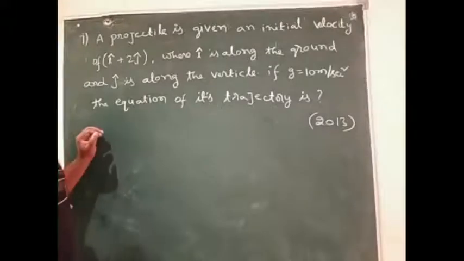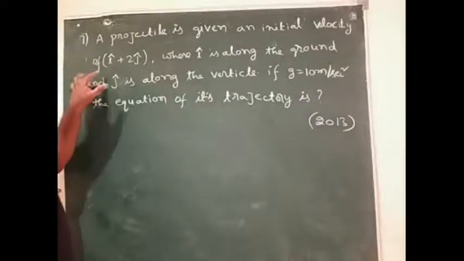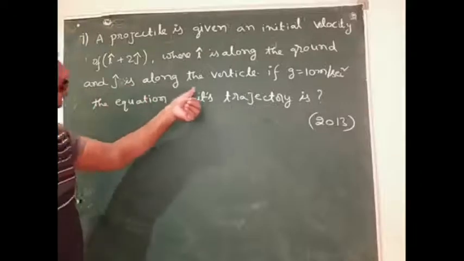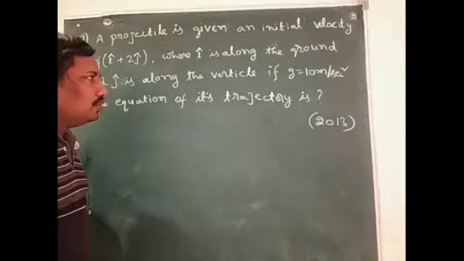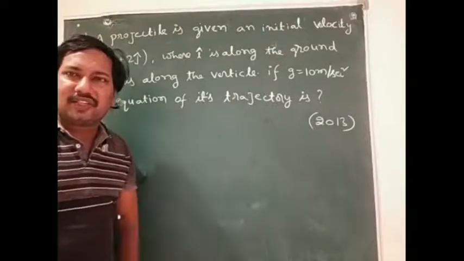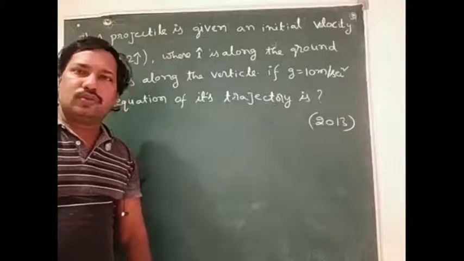Problem number 7. A projectile is given an initial velocity of i cap plus 2j cap, where i cap is along the ground and j cap along the vertical. If g equals 10 meter per second square, the equation of its trajectory is? This question was asked in JEE Mains 2013.